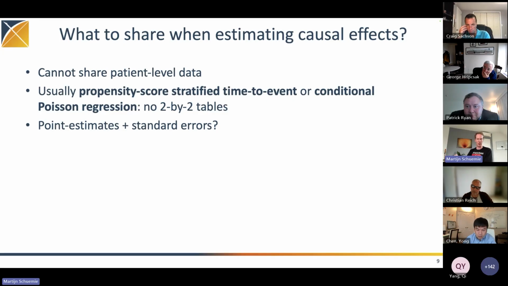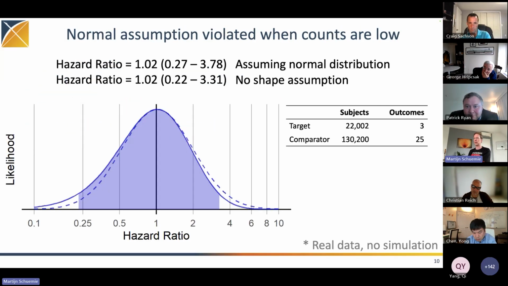We have that at a very granular level, usually for different time to events. So what we do tend to share is point estimates and standard errors, or basically the confidence intervals. But there, a problem that we have encountered in the past is that often our counts of the outcome are very small.